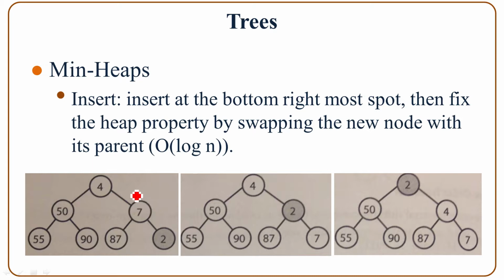So let's look at the example. We have a tree, basically the min heap. We insert node 2. We insert at the bottom rightmost spot, and then we fix the heap property.